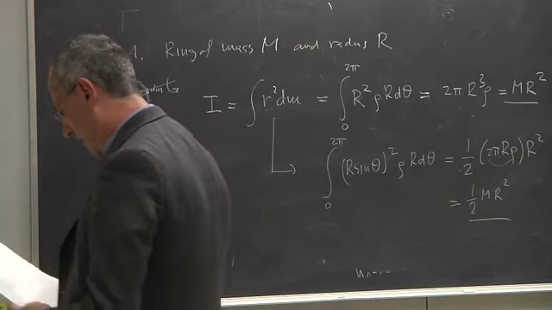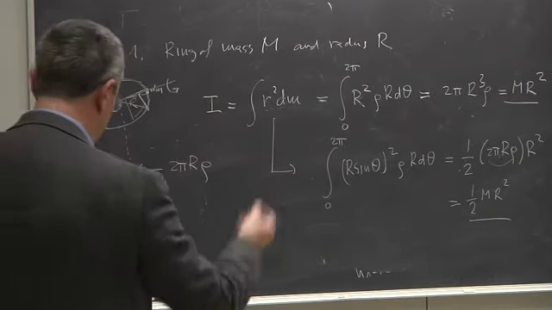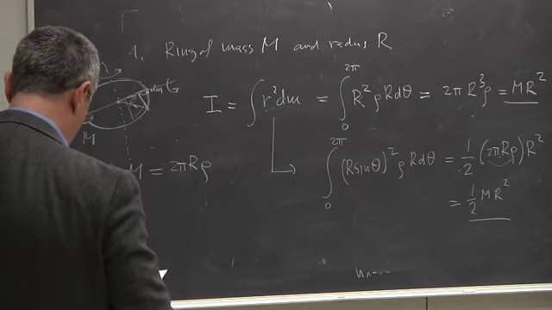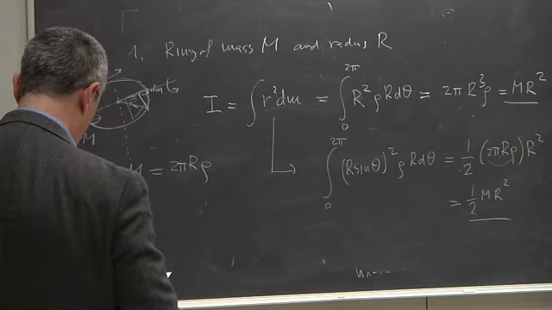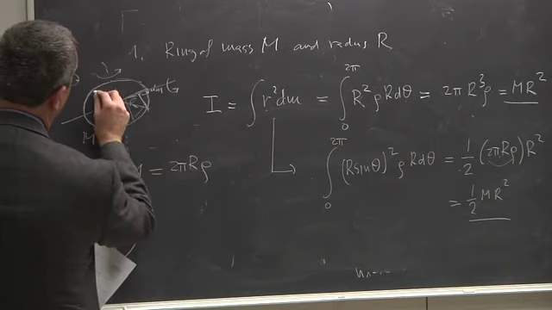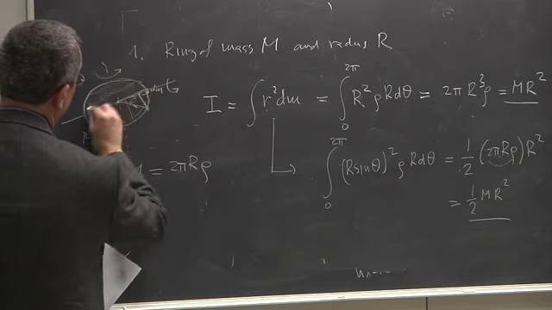Then you try something. I write there a list of other objects. So what would be the next level? What if this body is not a ring, but is a disk?